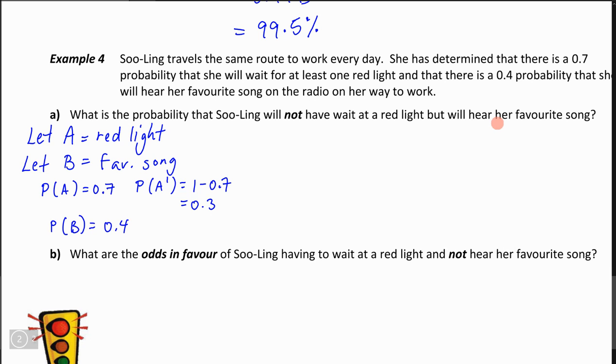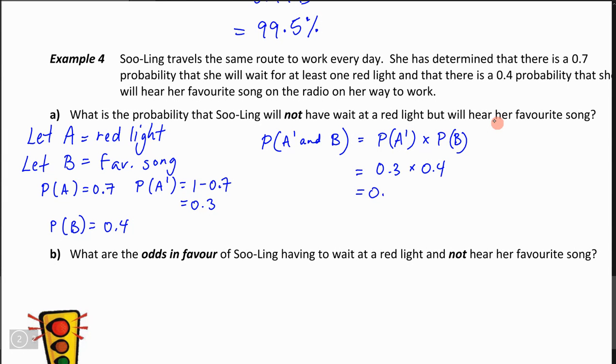So what am I looking for? Well, I'm looking for the probability that she will not have to sit at a red light, so A prime, and the probability that she'll hear her favorite song on the radio, B. That's simply P of A prime times probability of B. 0.3 times 0.4.